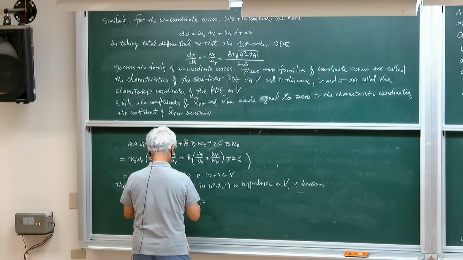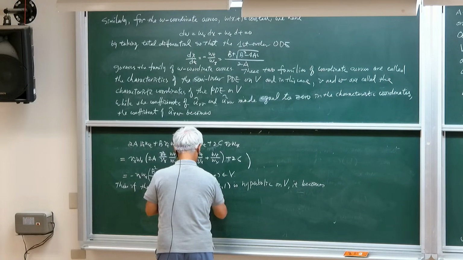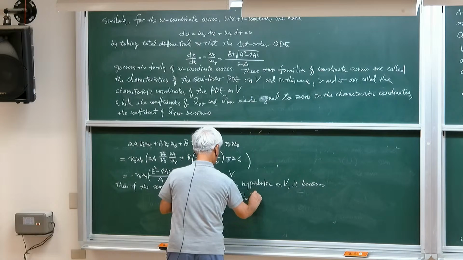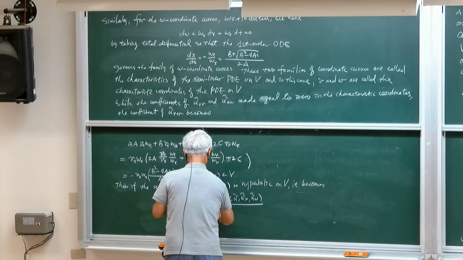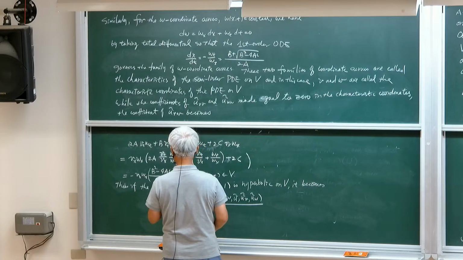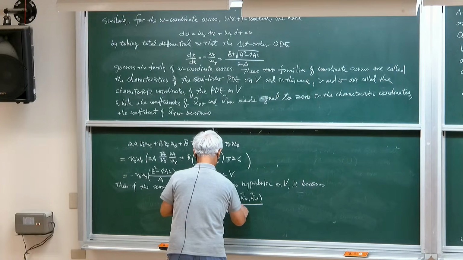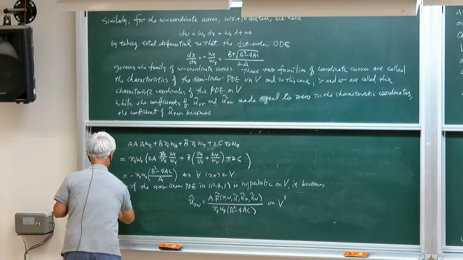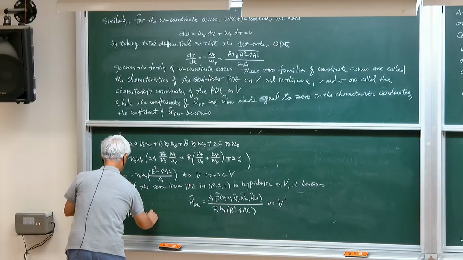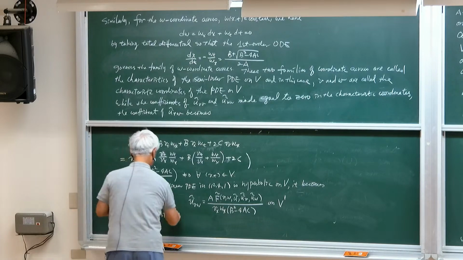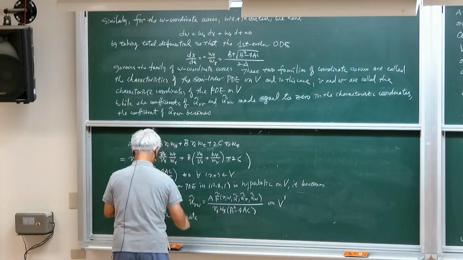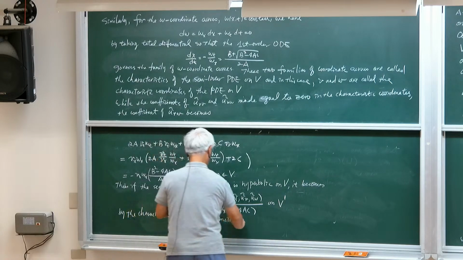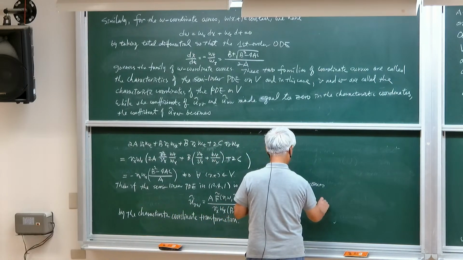We have U tilde VW equals A F tilde (V, W, U tilde, U tilde V, U tilde W) divided by Vx and Wx, and the b square minus 4ac on V prime, by the characteristic coordinate transform. Okay, and so this form is 12.4.4.